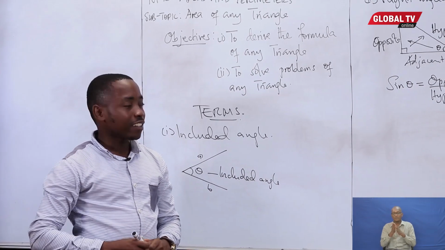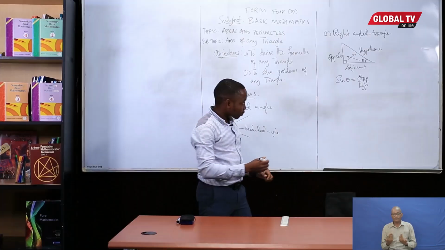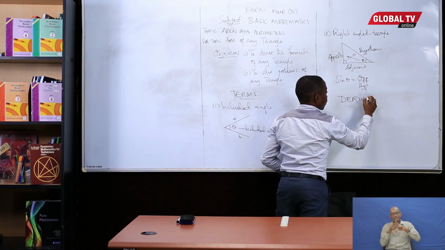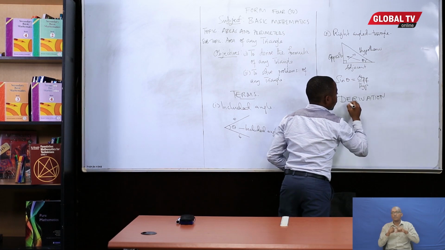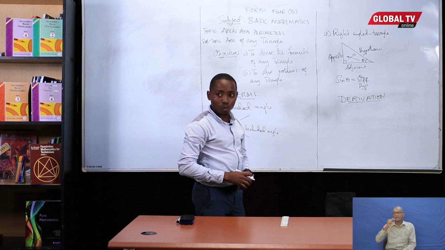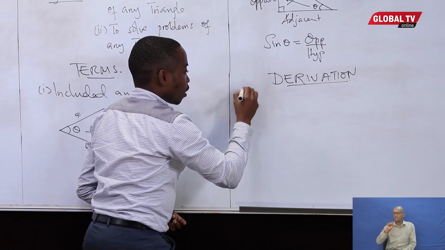Now let us derive the formula of any triangle. Consider the derivation of our formula. Consider any scalene triangle. Let's say we have our scalene triangle as the following.